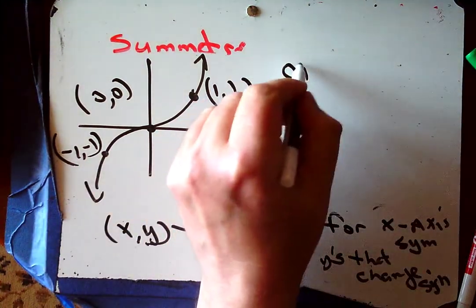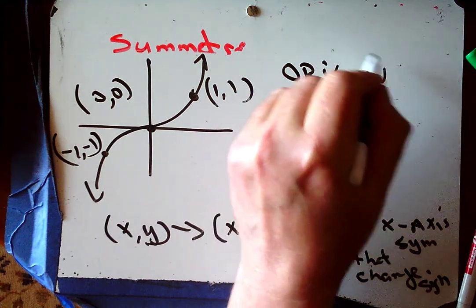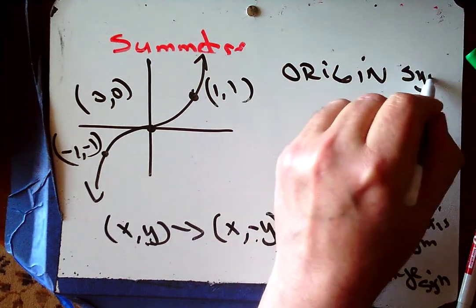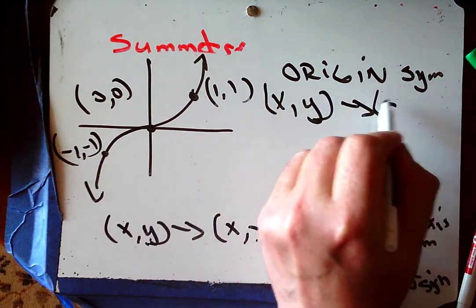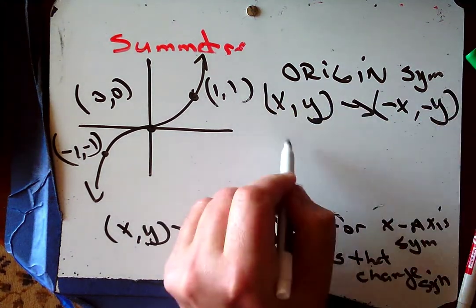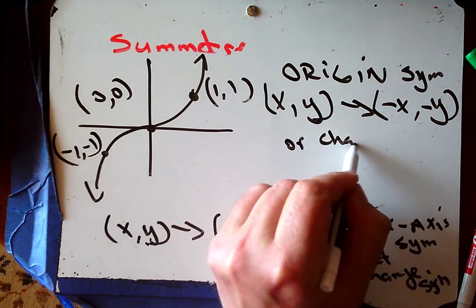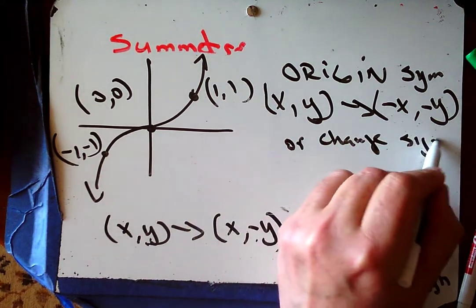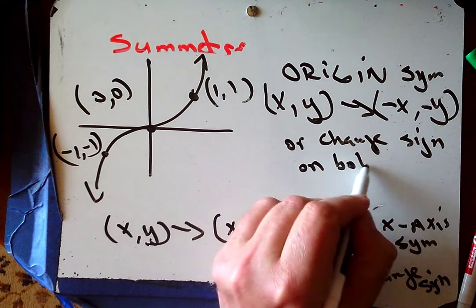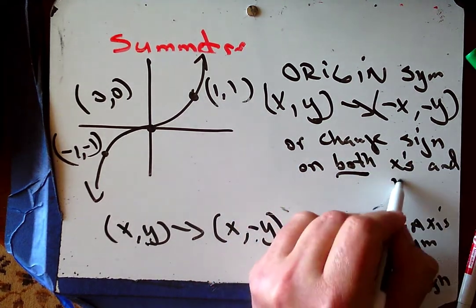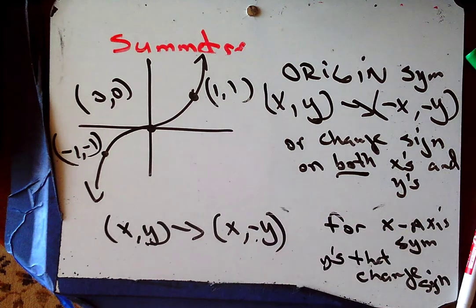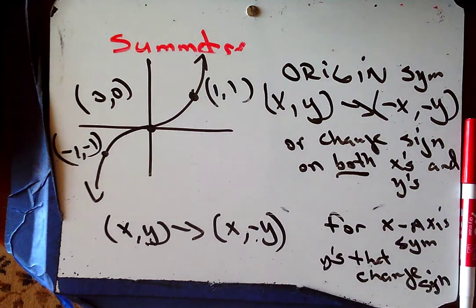So origin symmetry, we see xy becoming -x, -y. Or we change the sign on both x's and y's. Okay? All right.